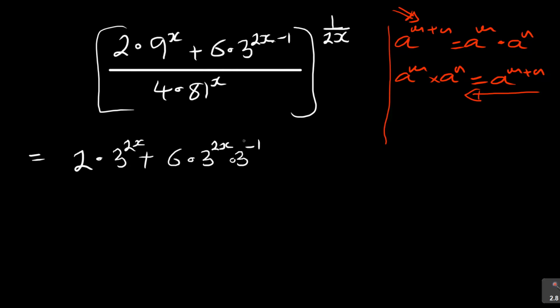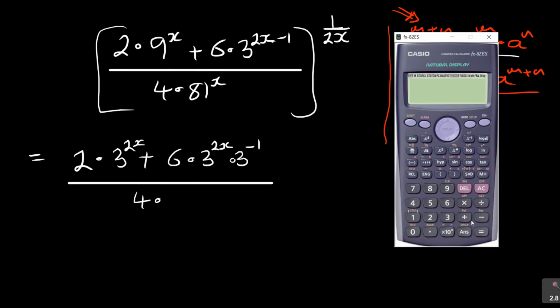Do you see now what I was hinting at? And then I'll divide by 81, which I think is 3 to the power of 4. But I don't want to use 3 to the power 4.